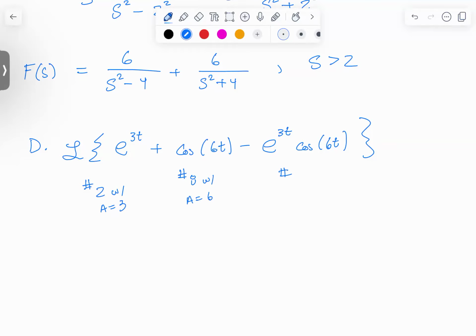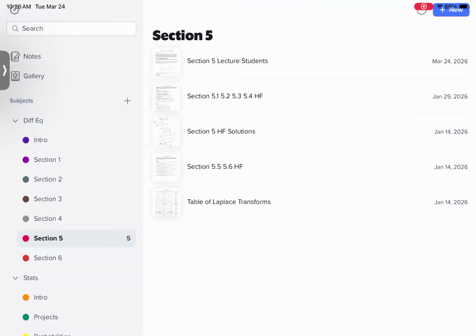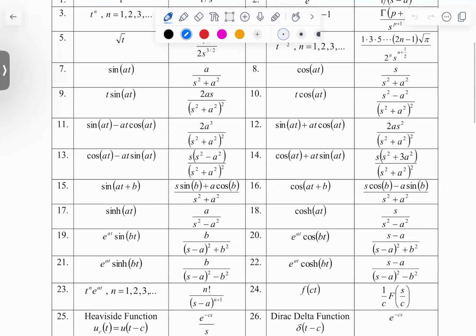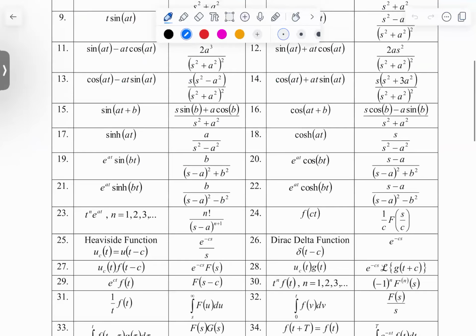And that one looks new. e to the 3t cosine. There are some options to combine multiplicative functions. However, e cosine, e sine, and their hyperbolics are so common that we actually have the functions for them. So we're going to see that we have some options to create other functions, but these ones tend to be so commonly occurring that we literally just have these.